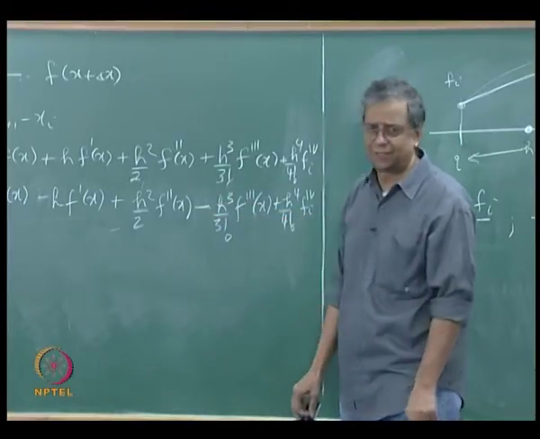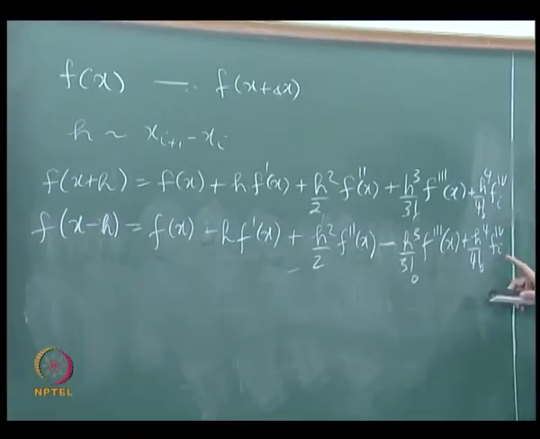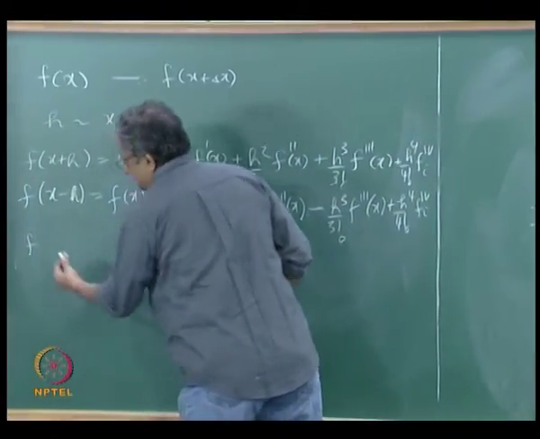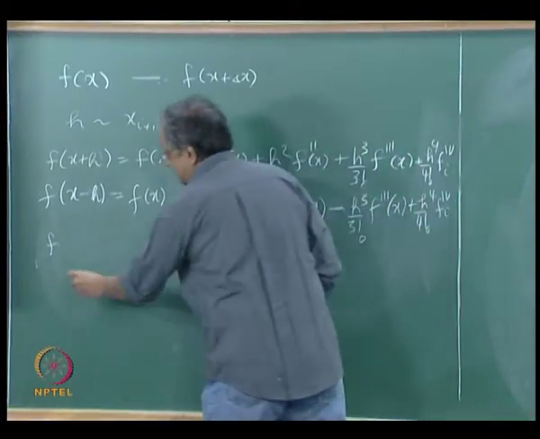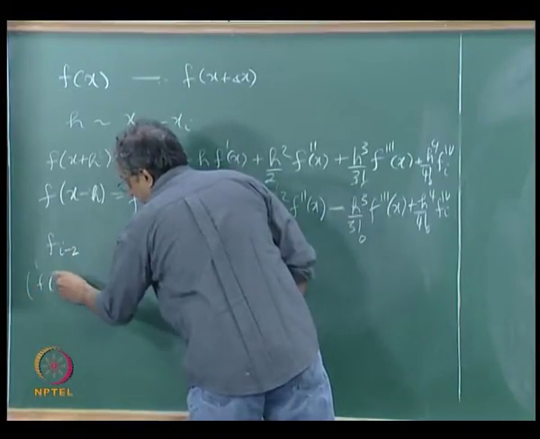Though I have left the other terms as x, I am not going to rewrite the rest of those equations, but you allow me to change to this notation, so that f of, you want to take one behind, one ahead, we have to decide where to take it. If I take I minus 2, that corresponds to f of x minus 2h.